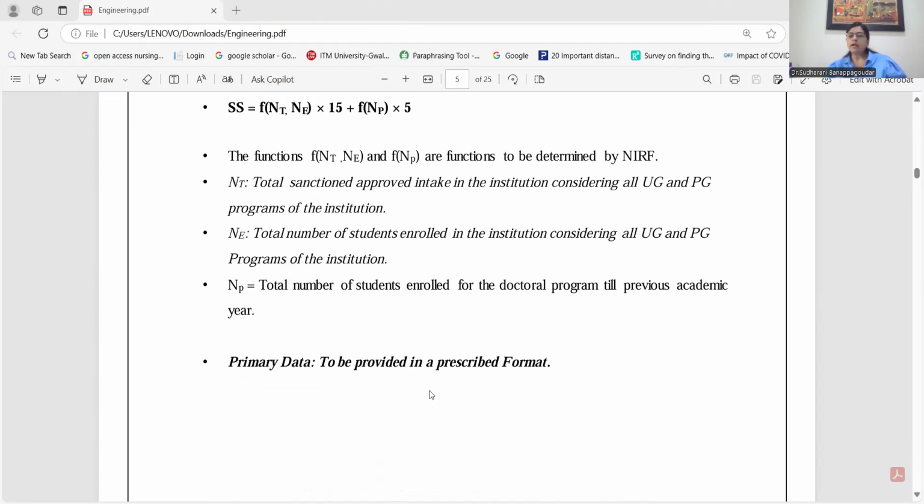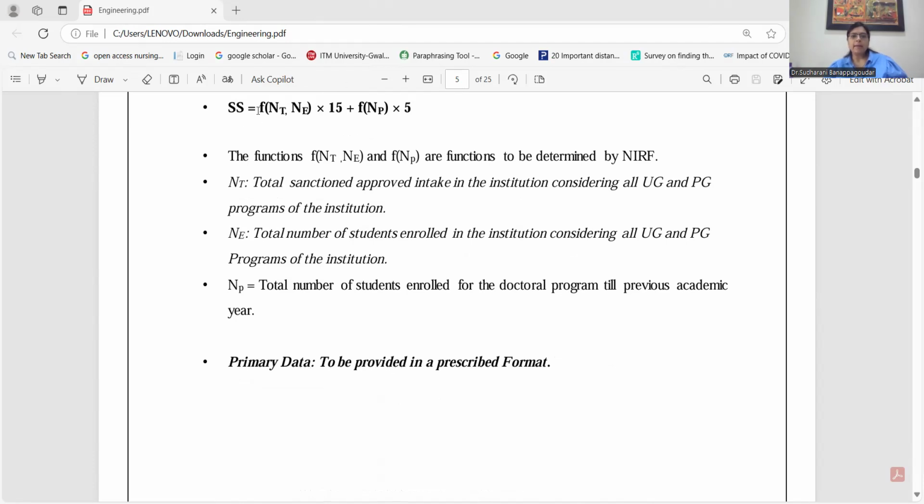So now all this data would be provided in some prescribed formats. Now let us understand these formulas in depth with an example. Okay. There are certain limits and caps in these formulas. The maximum value of NT and NE is capped at 1.